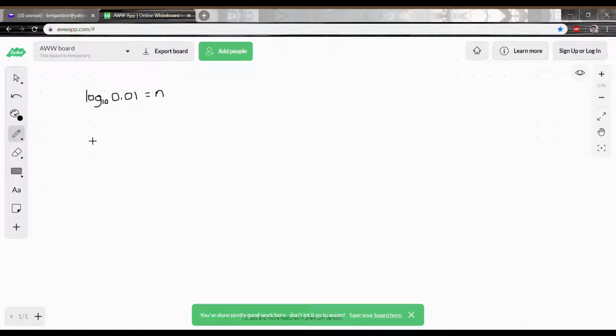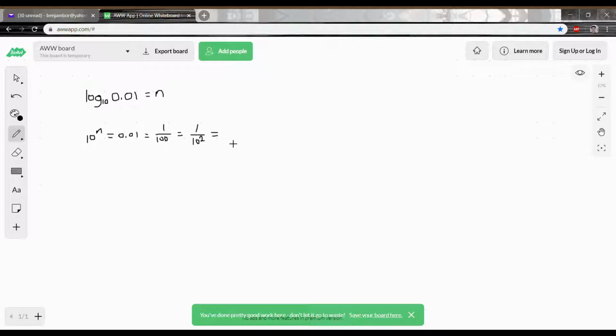Now, if we were to evaluate this, we would say that our base of 10 raised to the n power is equal to 0.01. This is kind of hard to do, but let's try to rewrite this 0.01 in a way that we can work with. So 0.01 can be rewritten as 1 over 100, and that can further be rewritten as 1 over 10 squared, right? And then we know that anytime we have an exponent in the denominator, we can flip things around and make that exponent negative.